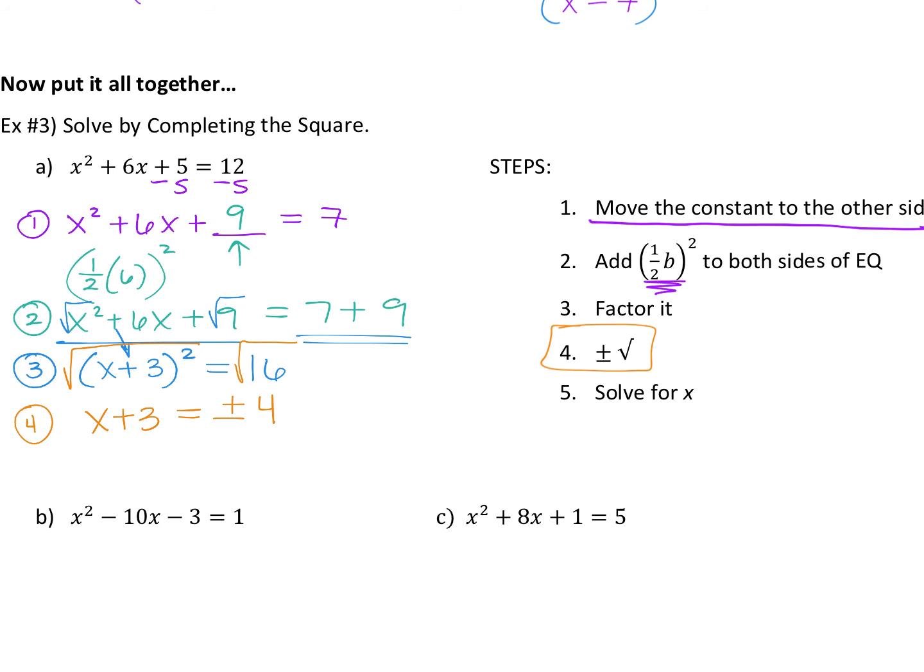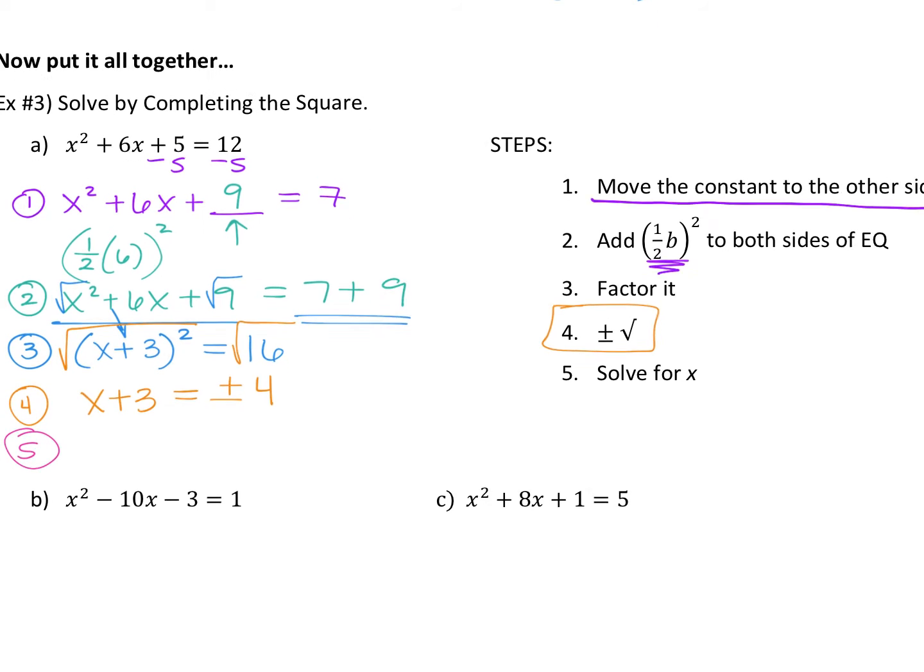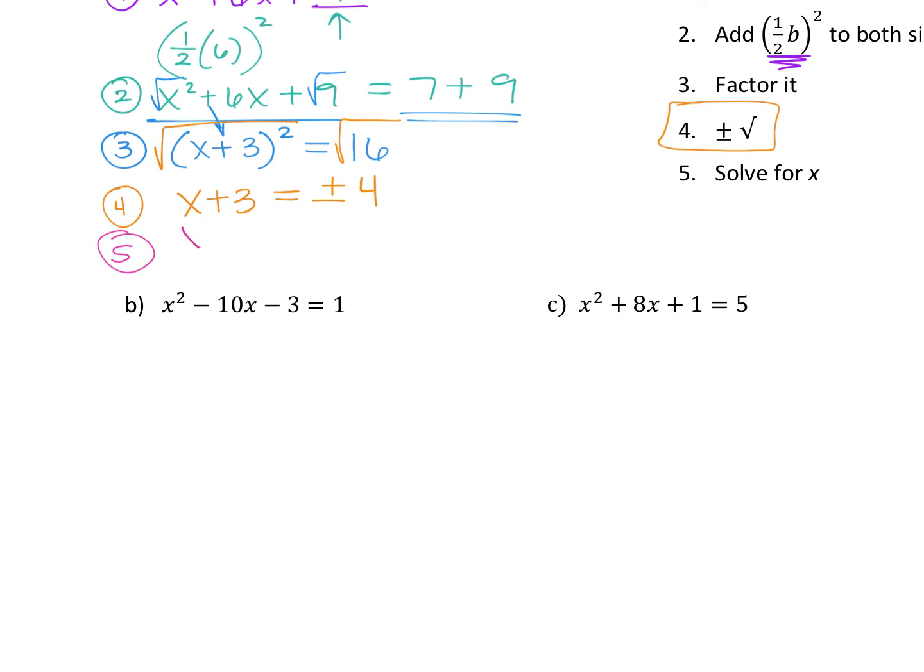Okay, last step is solve for x. So that means x plus 3 equals 4, and it means x plus 3 equals negative 4. So take away the 3, and you get x equals 1. Take away the 3, and you get x equals negative 7.